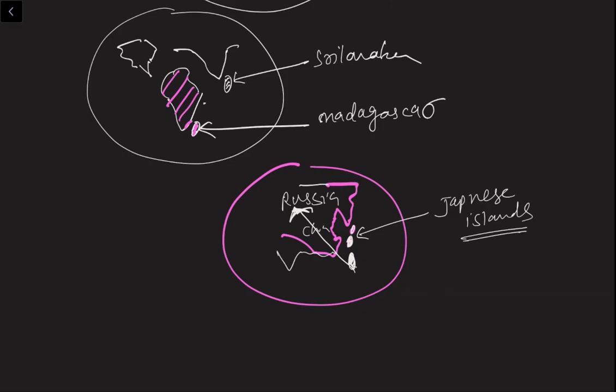So these rock fragments remained at the back, and he said they are of continental origin. But we find later on that the rocks in the Japanese islands are volcanic, and they are not the same as the continent's material. The rocks are different from the parent continent. We will see this later. You can write this in your criticism of Wegener.